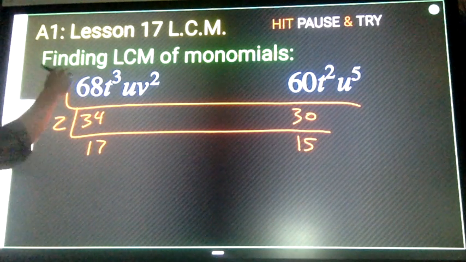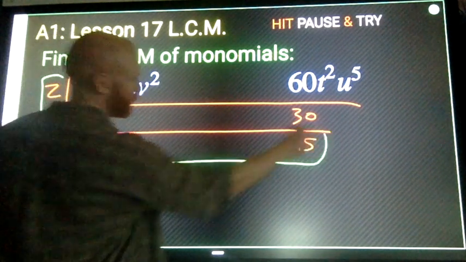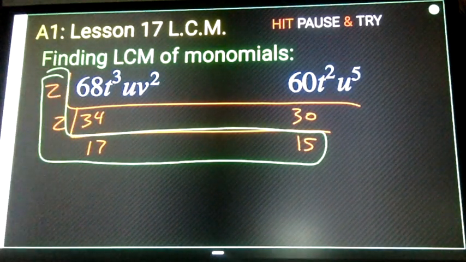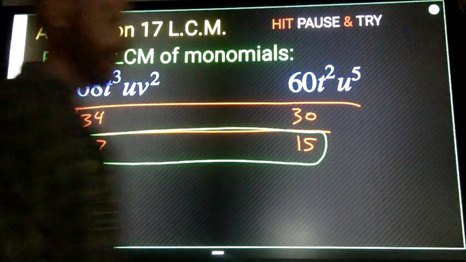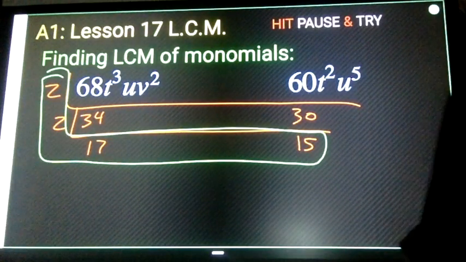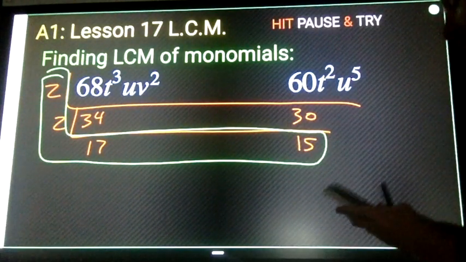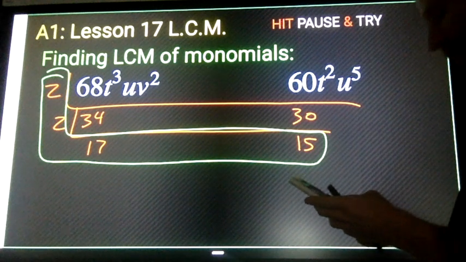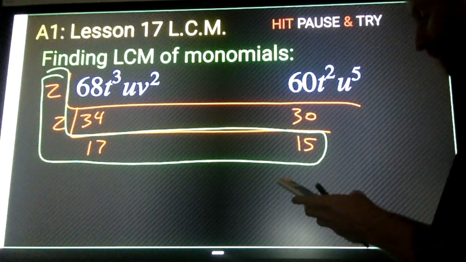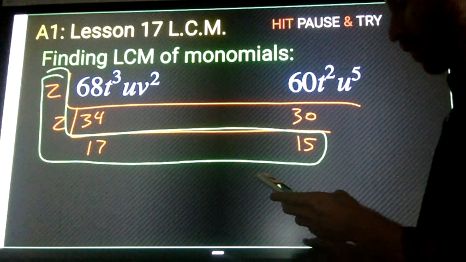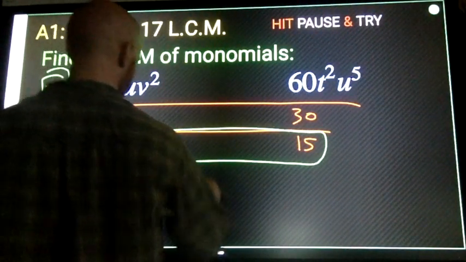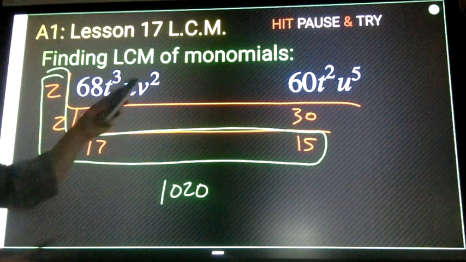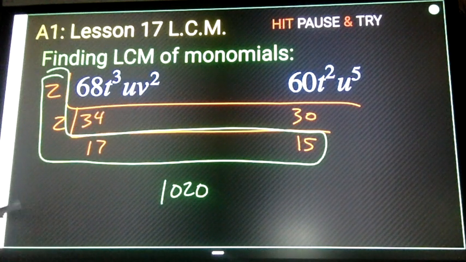I'm going to multiply these together. So we got 2 times 2 times 17 times 15. I'm going to grab a calculator for that. 17 times 2 times 2 times 15. 1020 is the smallest number that 60 and 68 both divide into.